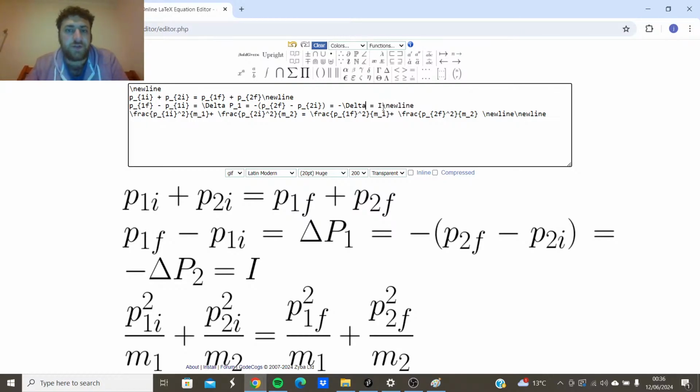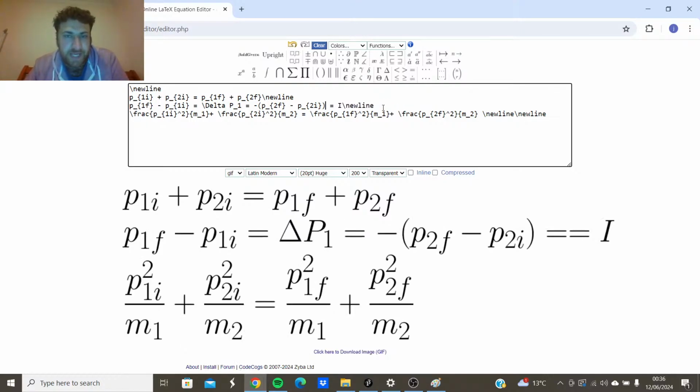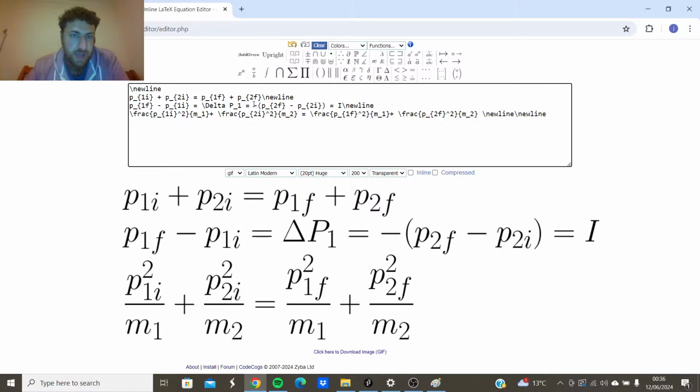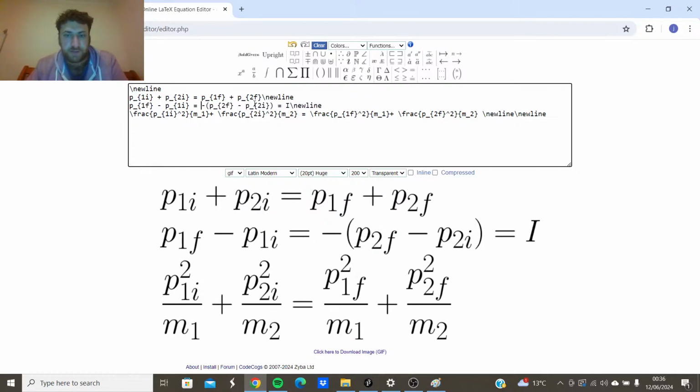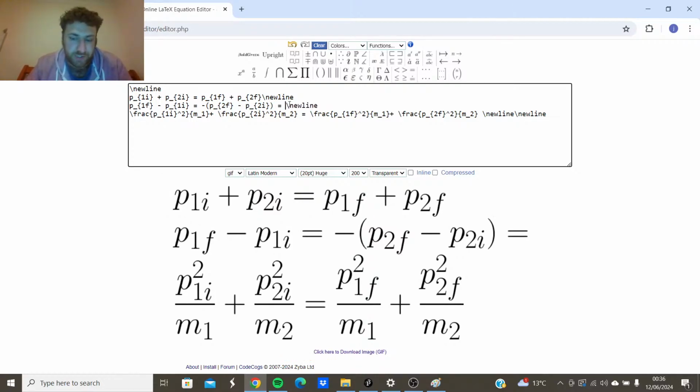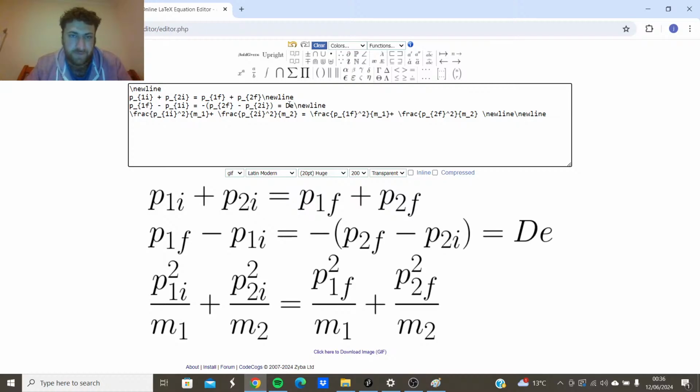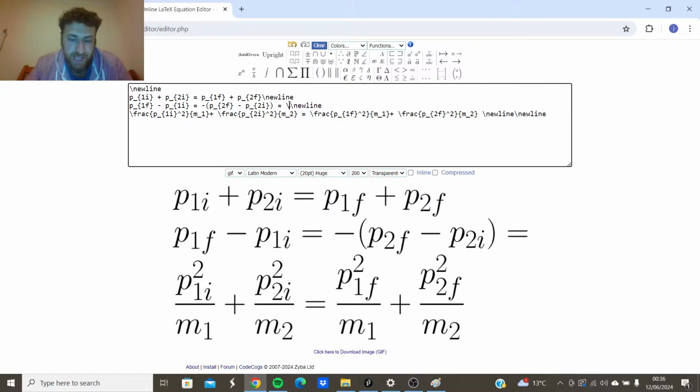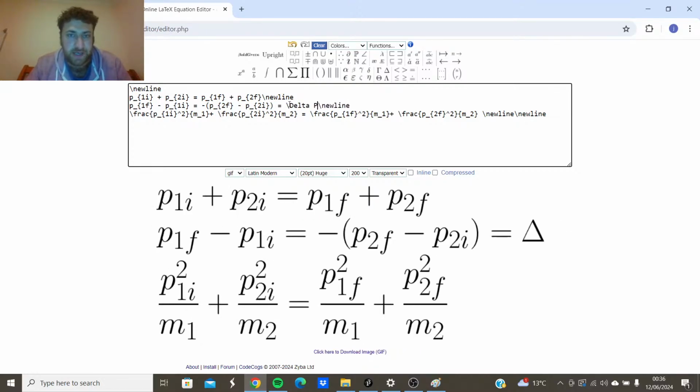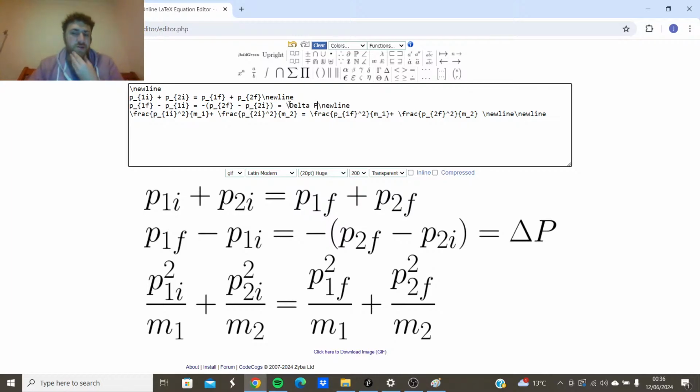So now that we've got all that out of the way, we're going to get rid of the delta P's and just leave ourselves with the impulse. Or we can call the impulse delta P for short, if we want to emphasize that it's the change in momentum. Then going back to our original equation, we can plug this in.